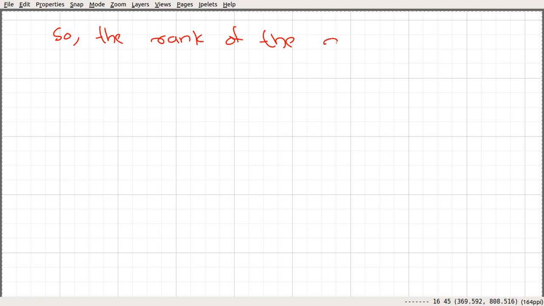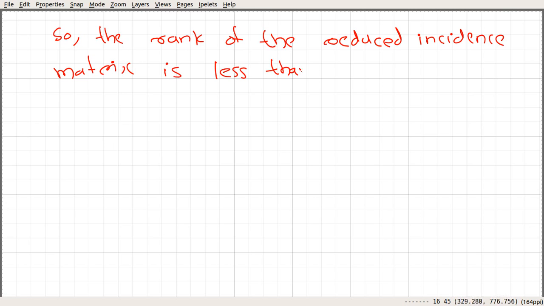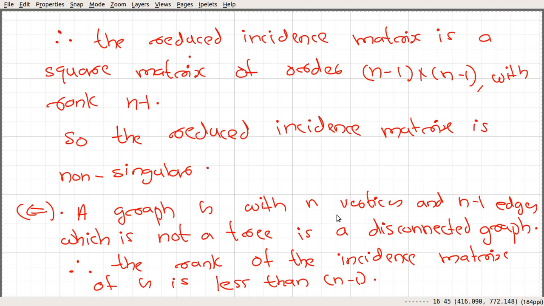Here we started with a graph with n vertices and n minus 1 edges, so the incident matrix is of order n by n minus 1.